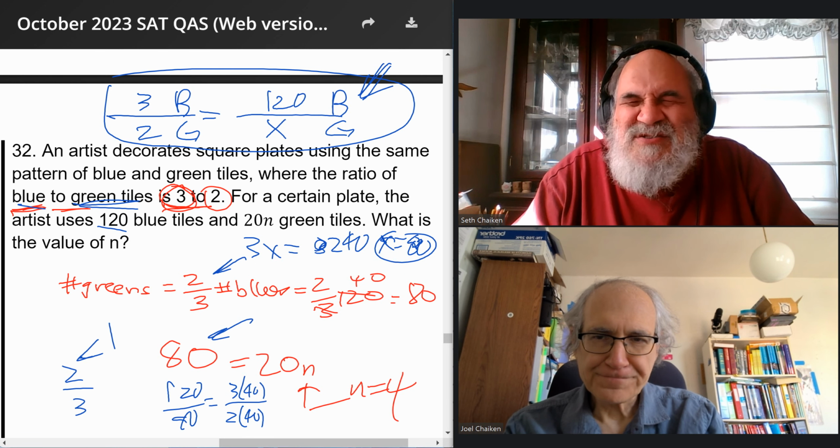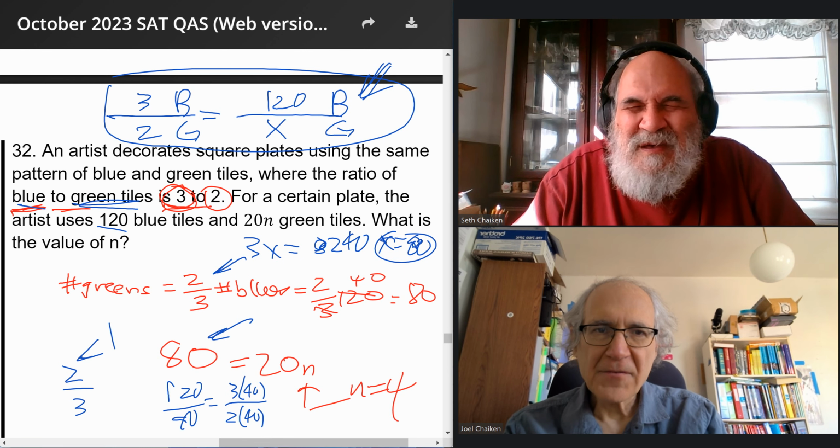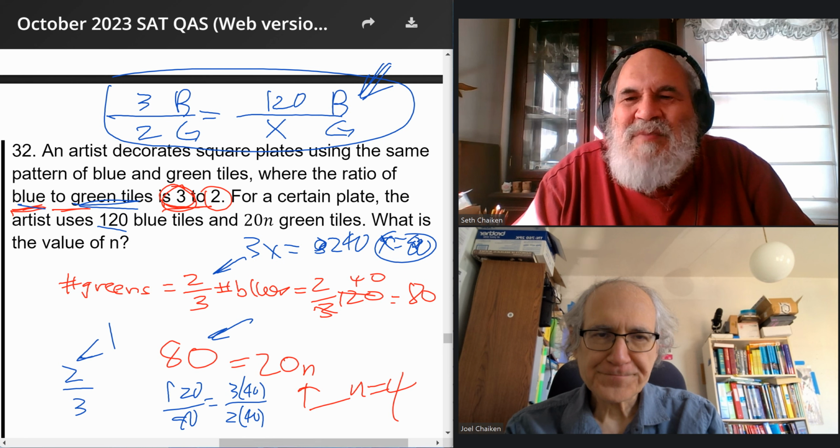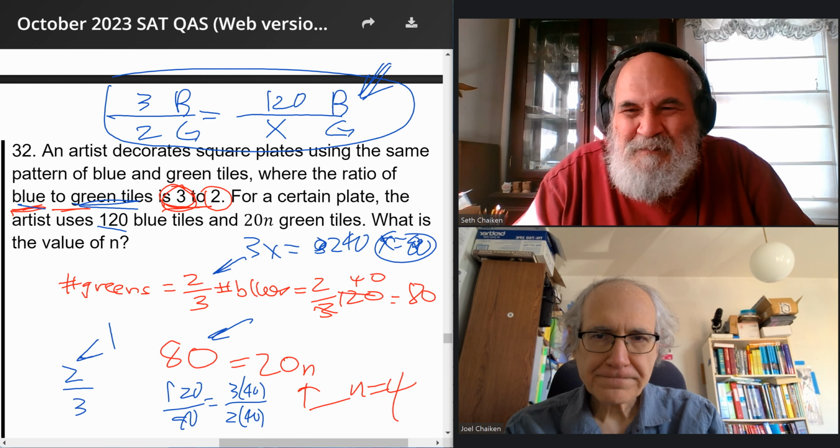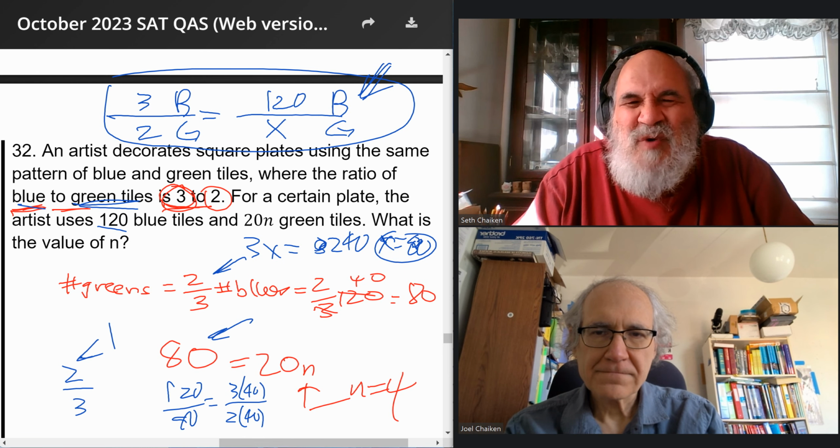So how many bunches are there? It's the number of 30s that go into 120.